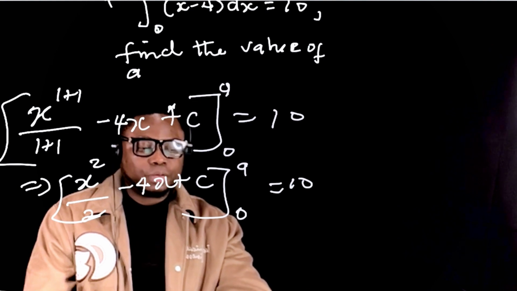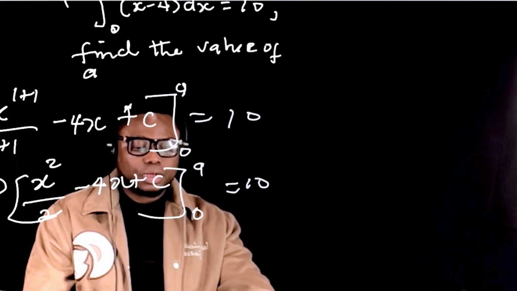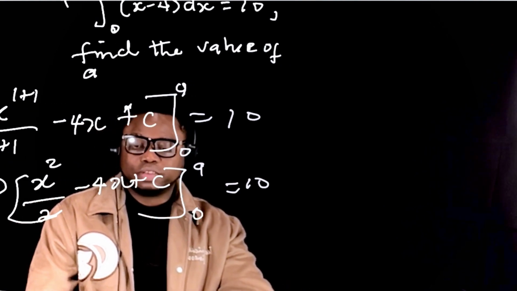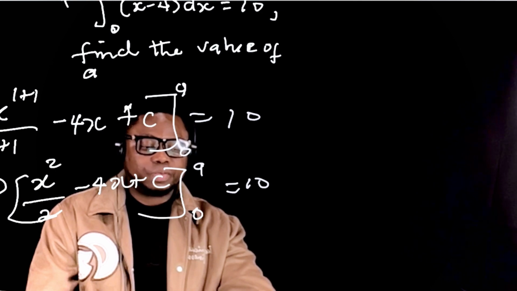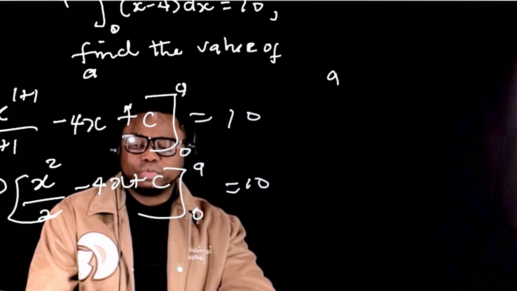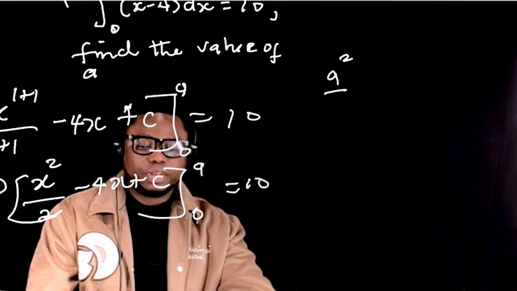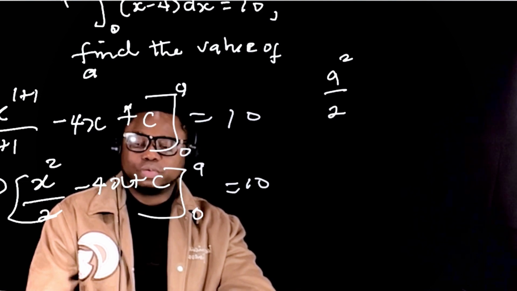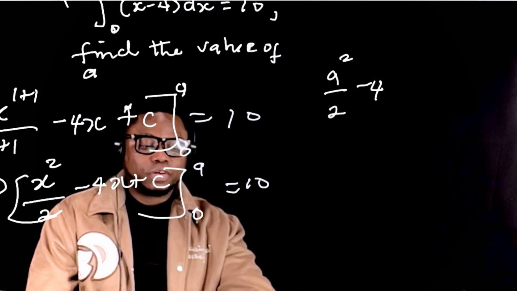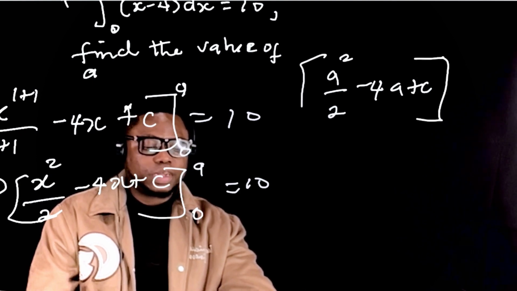So this is going to be x squared, that is a squared, because I'm replacing x with a, squared divided by 2 minus 4a plus c, that is a constant of integration. Okay, I'll put brackets.